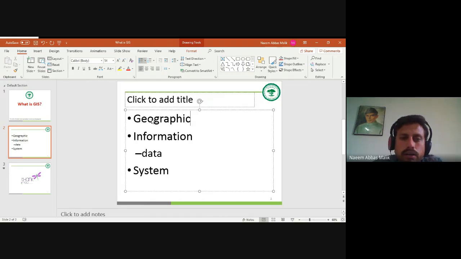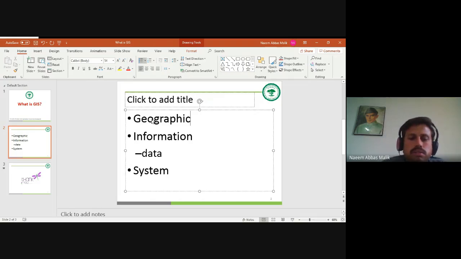I hope that this brief video gives you a basic understanding of what GIS is, what its different words mean, and what its main function is. The main function of GIS is to convert spatial data into spatial information.